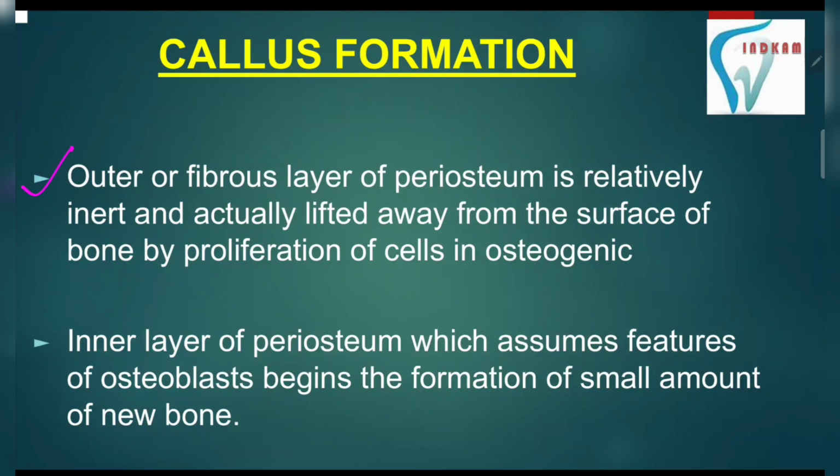The outer or fibrous layer of periosteum is relatively inert and actually lifted away from the surface of the bone by proliferation of cells in the osteogenic or inner layer of periosteum, which assumes features of osteoblasts and begins the formation of a small amount of new bone.